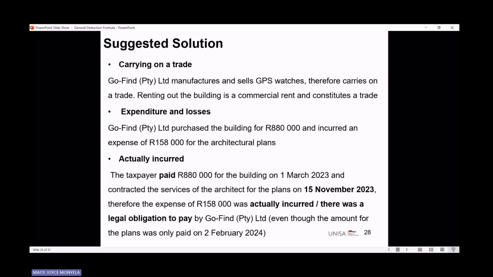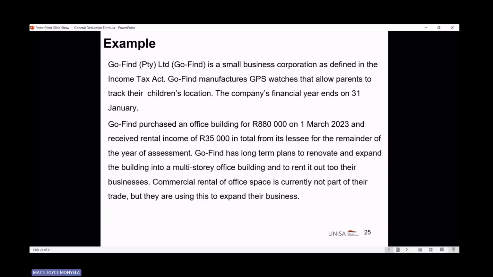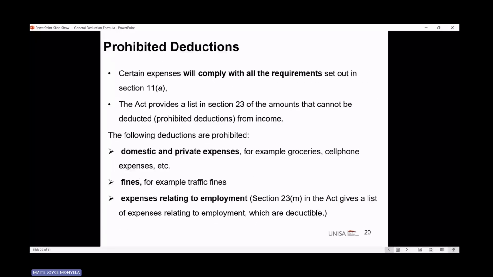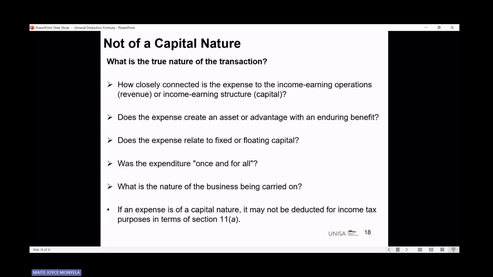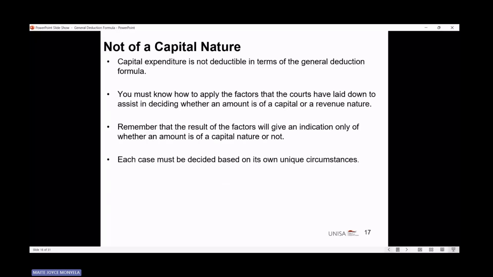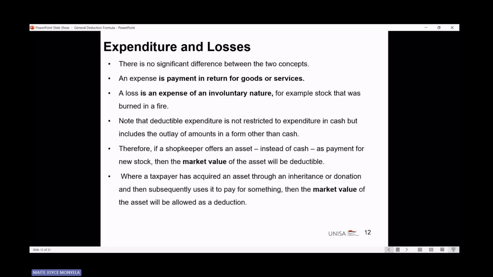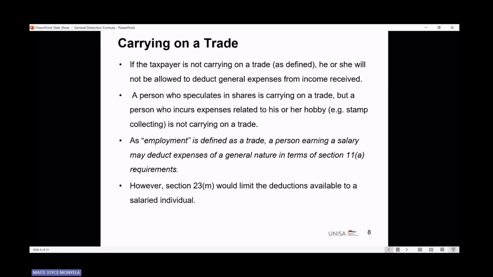So I want us to apply what we have learned. Let's go to the definition of a trade to see if they carry on any trade. Yes, we see that they carry on a trade, but what does the definition say about carrying on a trade?